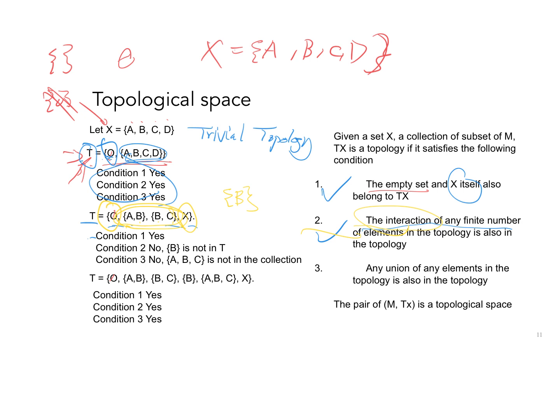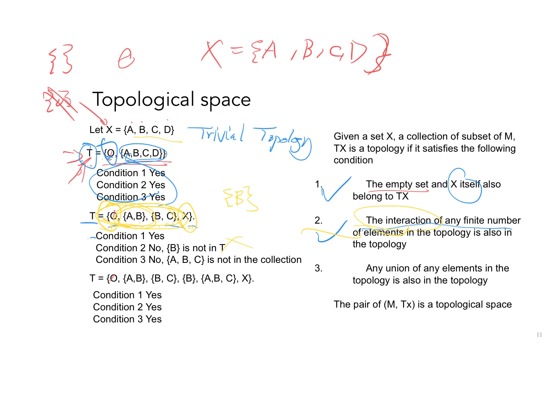But {B} is not in those four sets. You only have {C}, {A, B}, {B, C}, and X, which contains A, B, C, D, but you don't have a set that only contains B. So this is game over for condition 2, and you can also check that condition 3 is not met, because if I do the union, any union with the empty set would be okay, because the union of an empty set and the original set is just the original set.